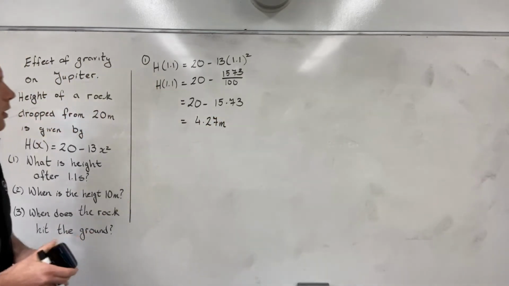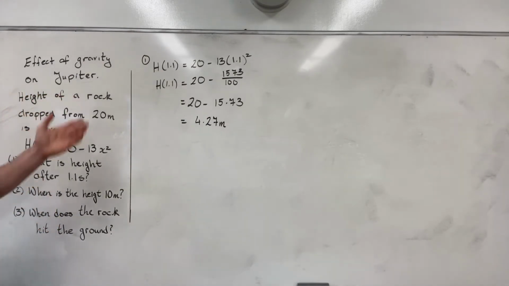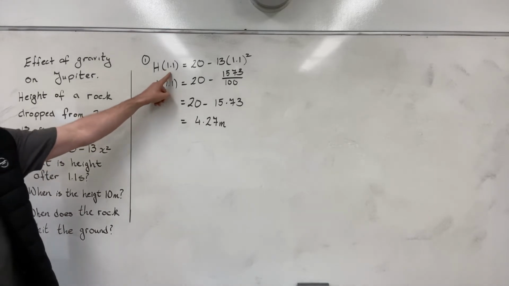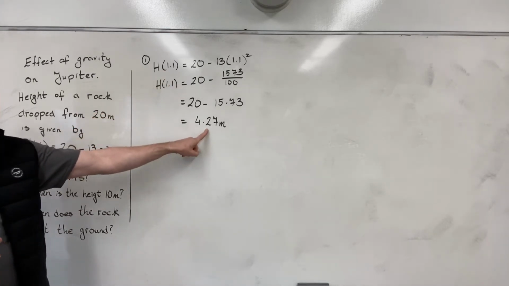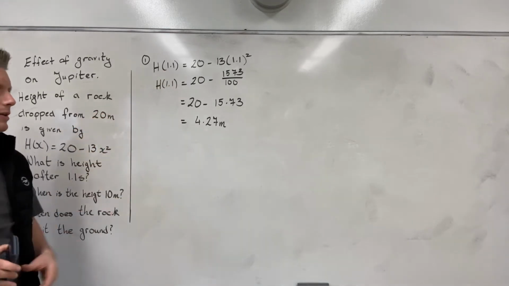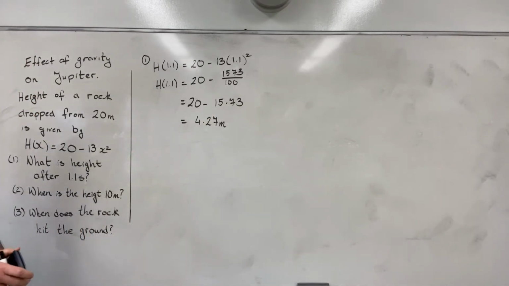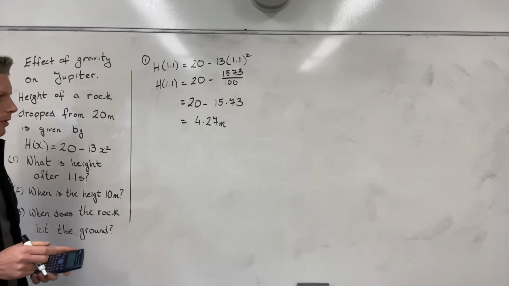And so, on Jupiter, this rock was dropped from a height of 20 meters. After 1.1 seconds, it was at a height of 4.27 meters. That is, it had fallen a distance of 15.73 meters. And that's the first part of the question done.